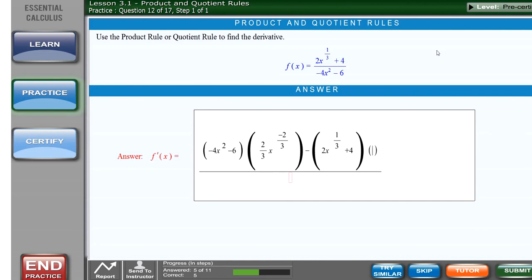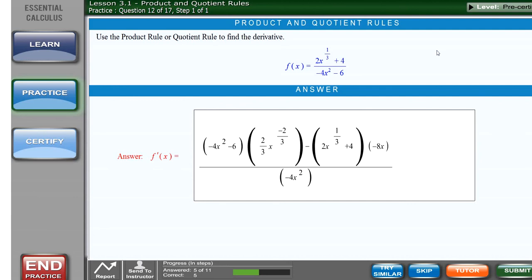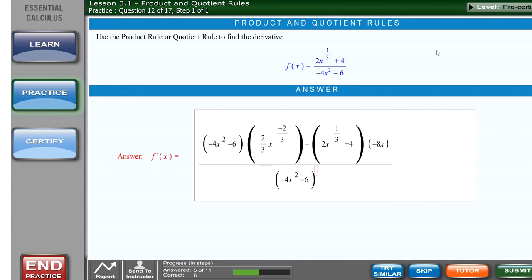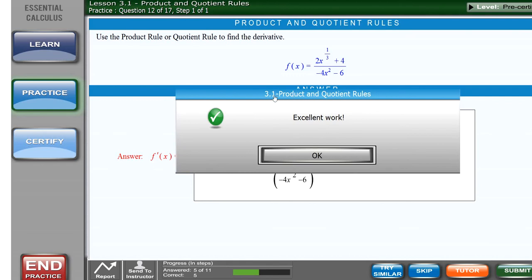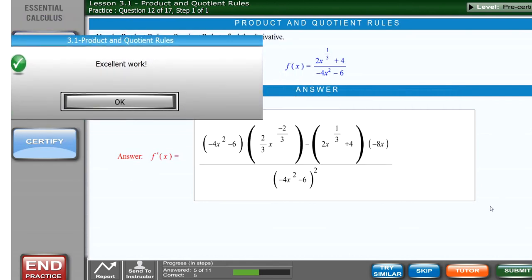So the derivative of the bottom, so the derivative of negative 4x squared would be negative 8x. Of course, the derivative of negative 6 is 0, so that's gone. All over low squared. So put the bottom in parentheses. Raise it to 2. Low d high minus high d low all over low squared. There we go.